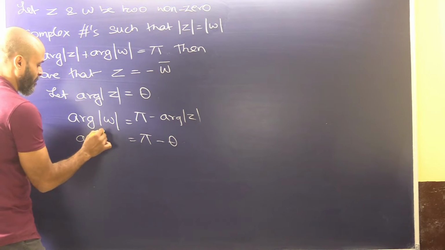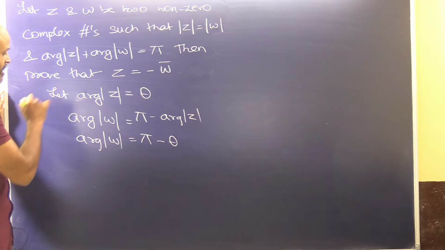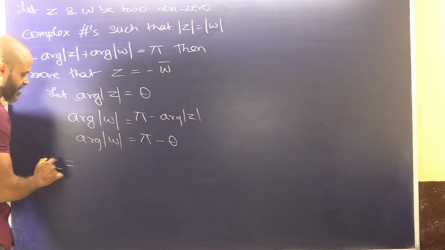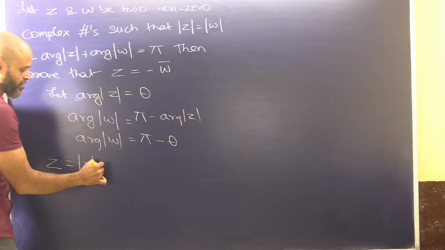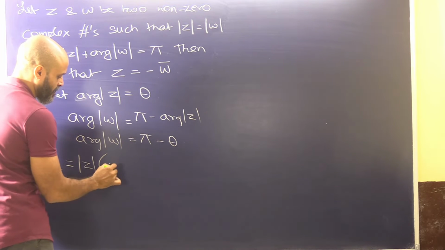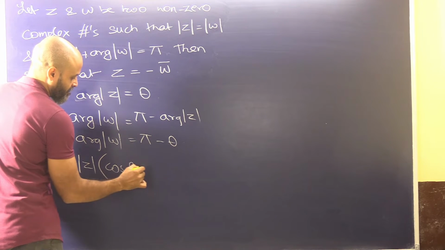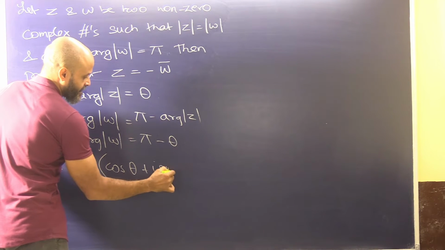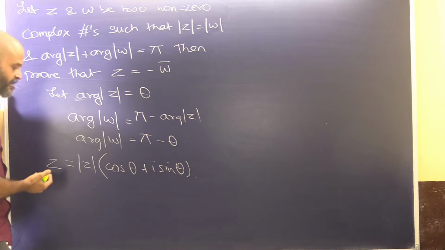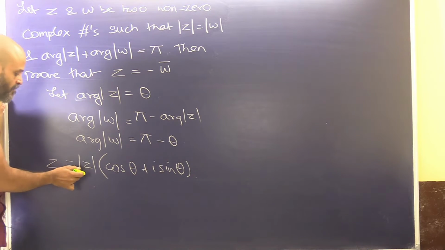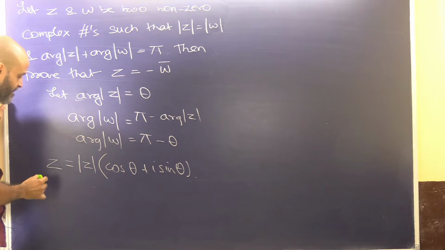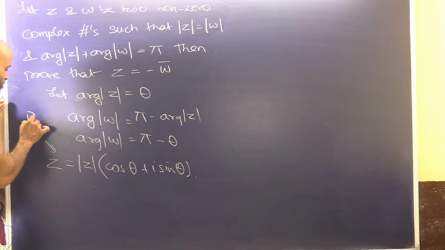So argument of w is equal to this. Now if we represent z, z can be represented as mod of z into cos theta plus i sin theta. So this is the representation, right? The polar form. This is mod, this is cos theta plus i sin theta. This is basically the polar form.